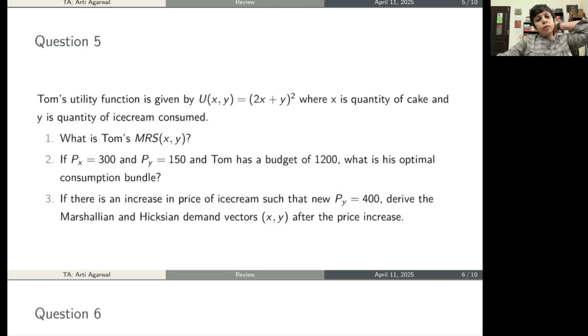Then you are given PX and PY, and you're asked the optimal consumption bundle for this budget. Then the price of ice cream increases such that new PY is equal to 400, and you're asked the Marshallian and Hicksian demand vectors after the price increase. We discussed this at great length, so I'll let you attempt this question first, then I will discuss it.